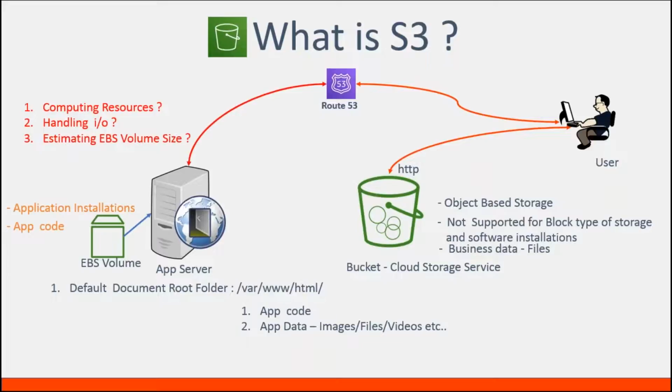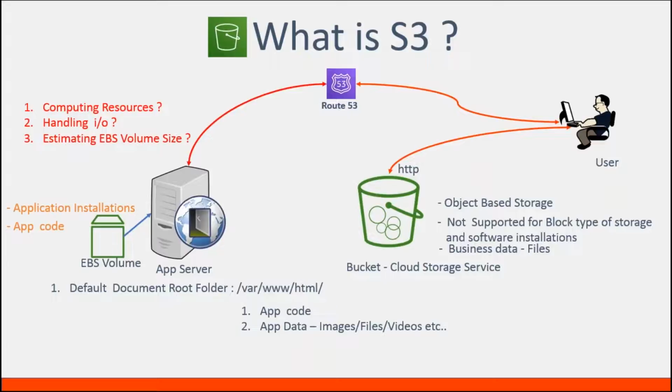Previously I kept my application related code like index.html and the images in the same folder, /var/www/html. Now what I'm doing, the code will be there on the server side, but the data will be in an S3 bucket, so that I need not worry about the EBS volume size, as I'm not going to keep any dynamic data.